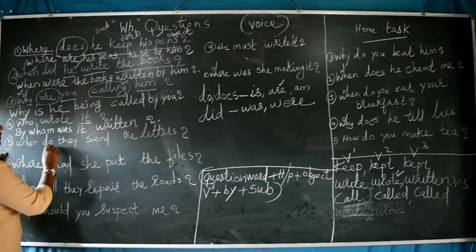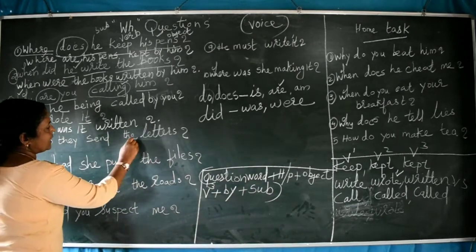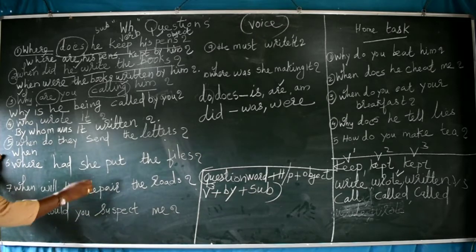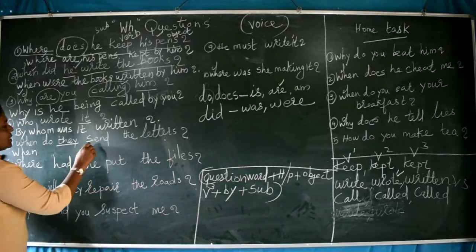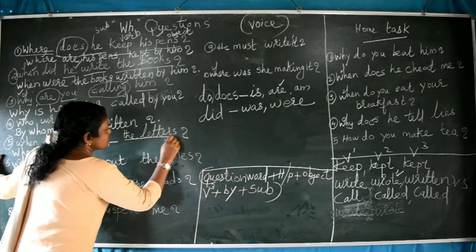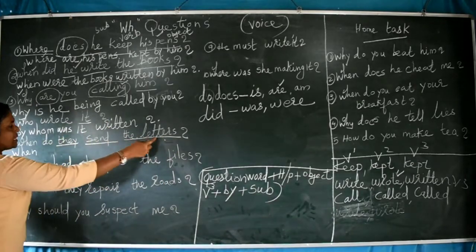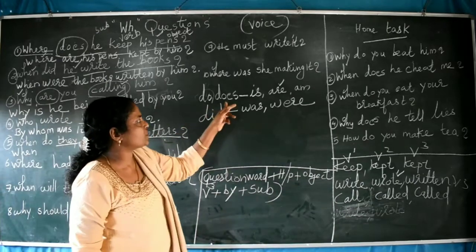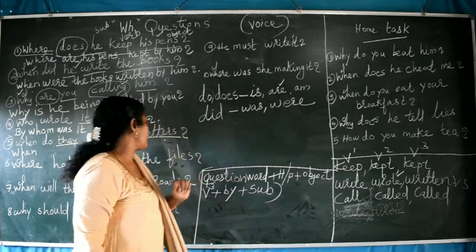When do they send the letters? So same way, when we will write first, after that we will search for the auxiliary. They subject, send is the verb and the letters object. So the letters is plural; do, does will change into is or are.